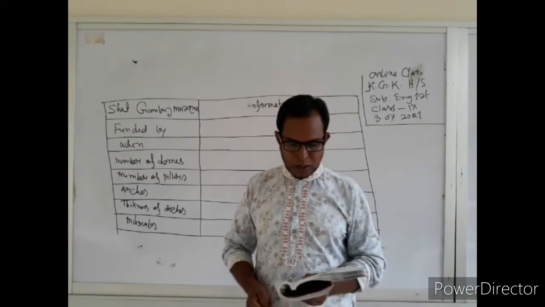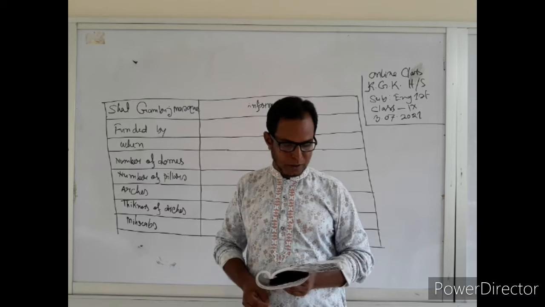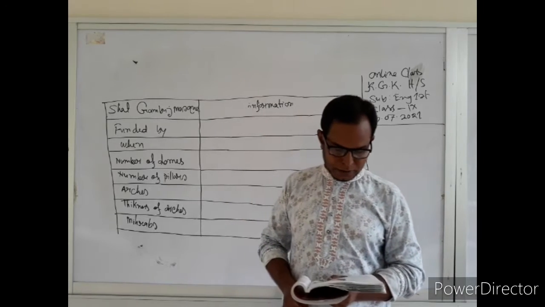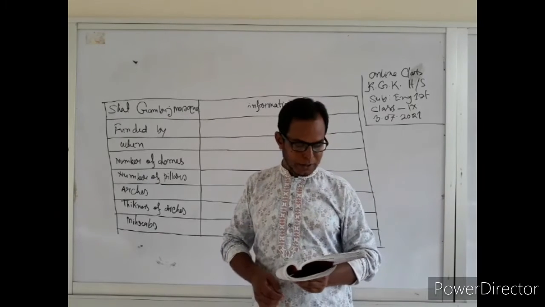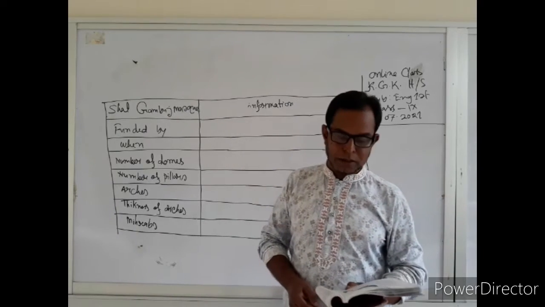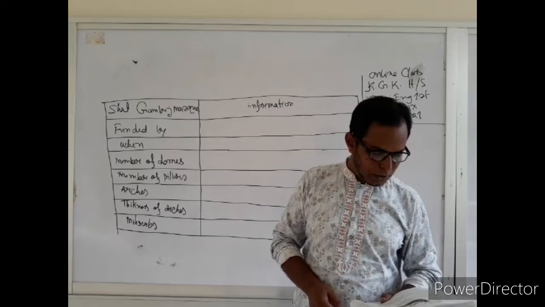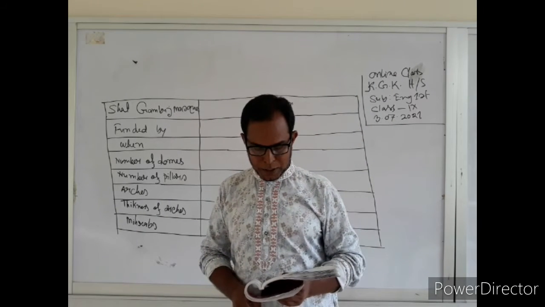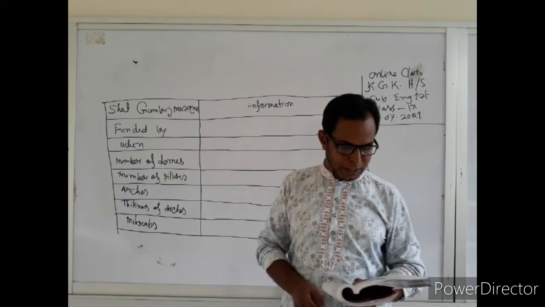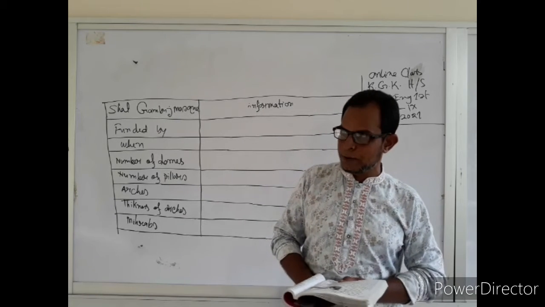Here we learn about a world heritage site which is situated at Bagerhat. It is Shait Gumbad Mosque. The Shait Gumbad Mosque in Bangladesh is such a site. It became a UNESCO World Heritage Site in 1985.